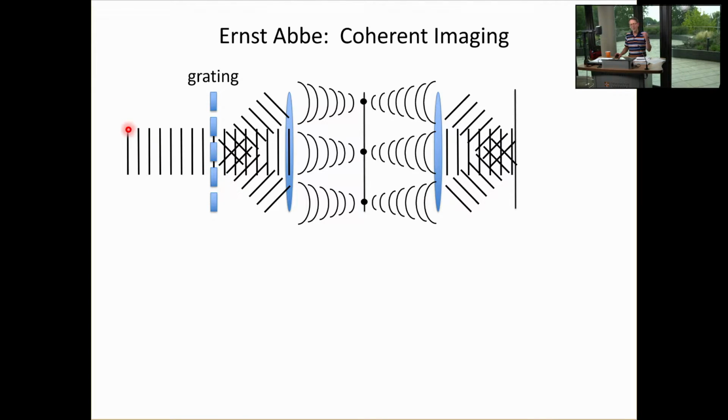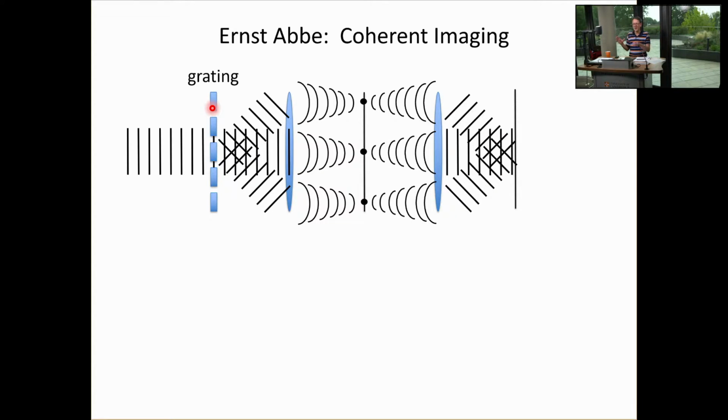And I want you to imagine you have a transparent object in the object plane that has a certain modulation on it. Let's suppose you have a transparent grating, like the one I showed you the other day.